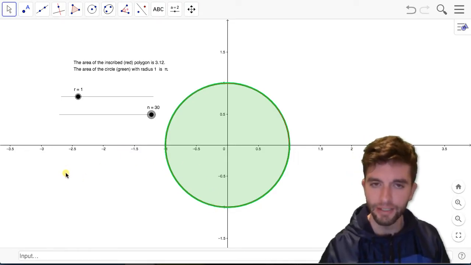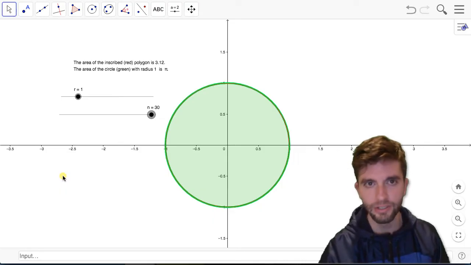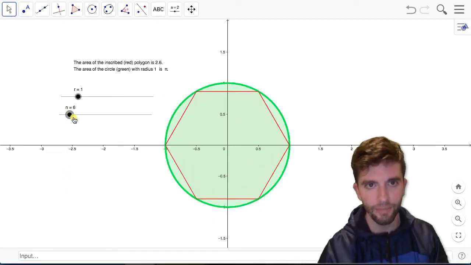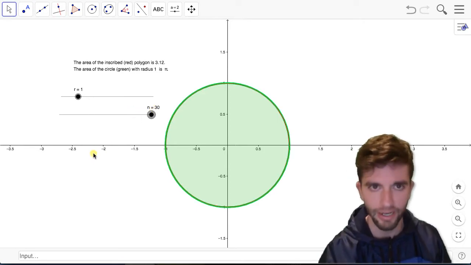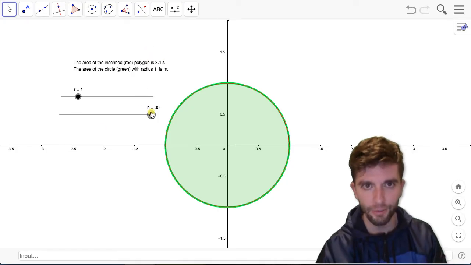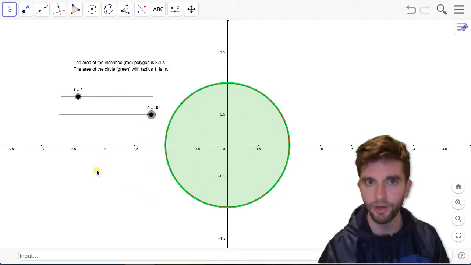And that would tell me what the area of the circle is. So you can see that as this number of sides is getting bigger, as it's approaching infinity. Imagine having a polygon with 1,000 sides. What do you think this area value would be approaching? You can see that it's approaching about 3.14 if I were able to add more sides onto that inscribed polygon.